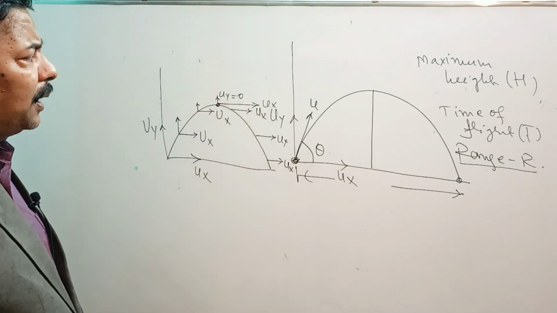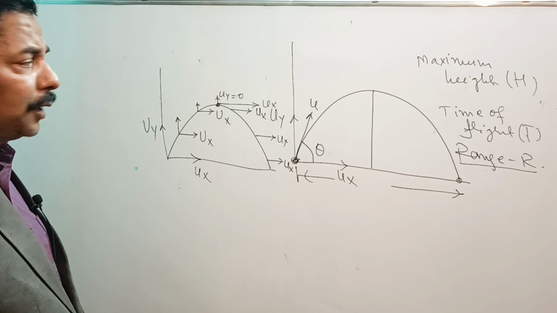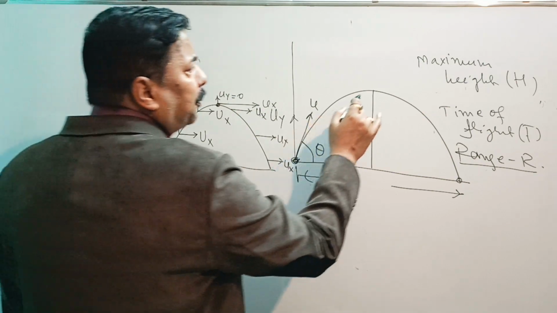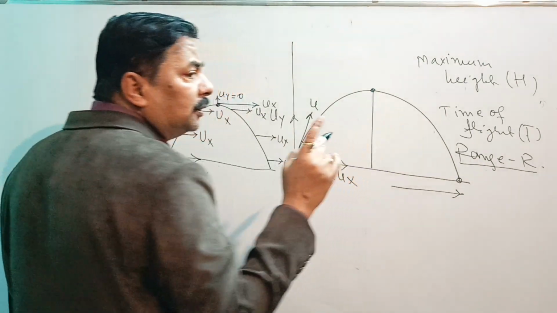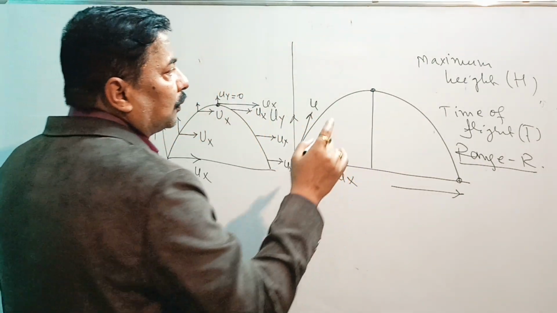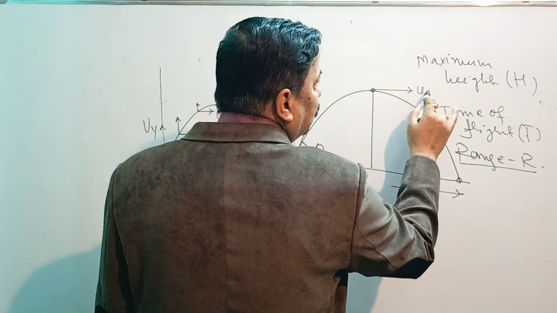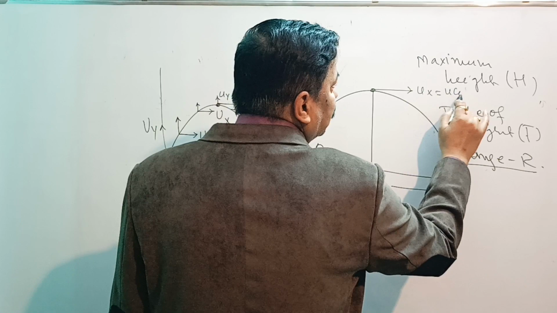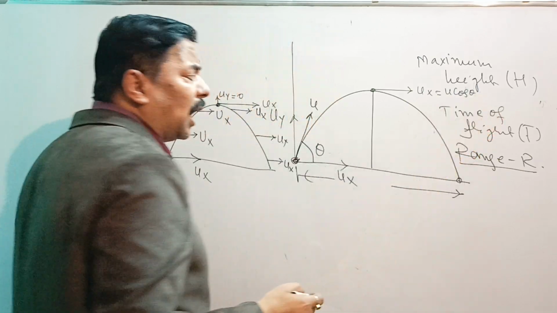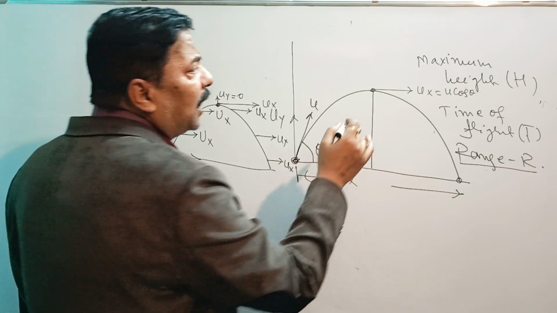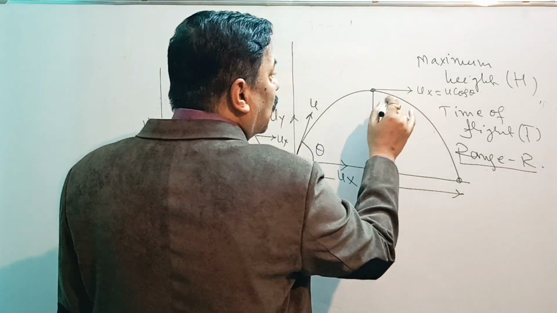So one very prominent question is there that is frequently being asked, that you should understand. At highest point, what is the velocity of projectile? It is not 0. Vertical component is 0, but horizontal component is still your ux, that is u cos theta. At highest point, the horizontal component is still there, that is u cos theta, and it is constant.